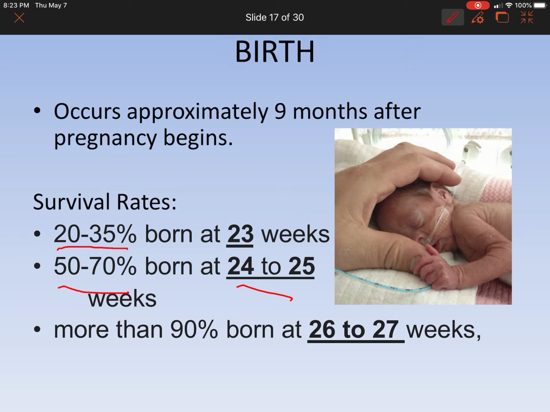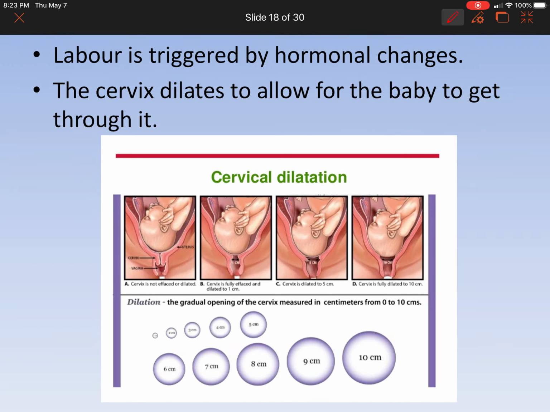And then at 26 to 27 weeks, keep in mind that we said 38 weeks was full term. So this is still significantly premature at 27 weeks, yet 90% will survive. So the stats are really good. The baby may have to stay in the ICU or NICU in an incubator, but is very likely to survive due to medical advancements.